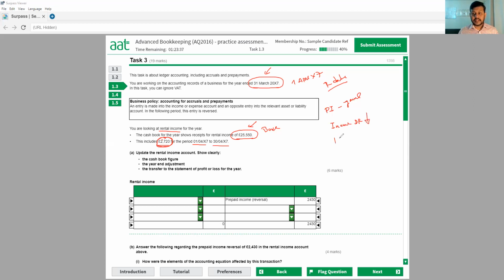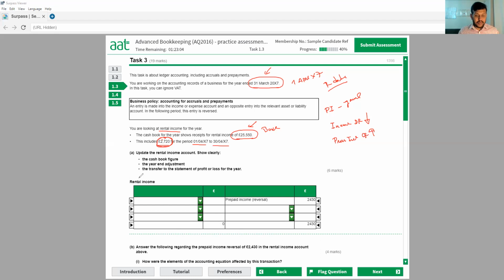And the prepaid income we make credit, because it is increasing my liability. If I take the money in advance, I have to provide the service, or I am liable to do something because I already took the money. So it creates a liability on the balance sheet, and it reduces the income on the profit and loss account because this income does not belong to this period.